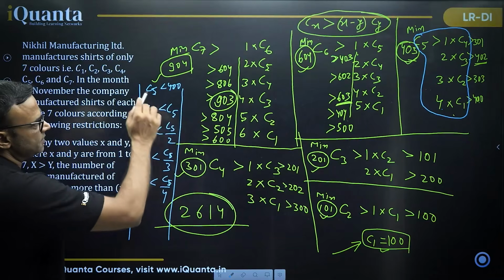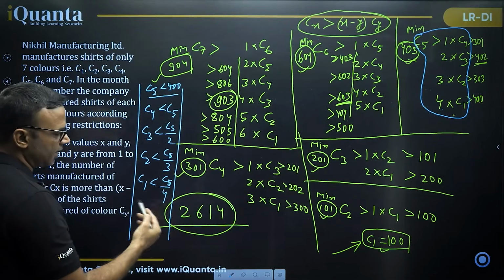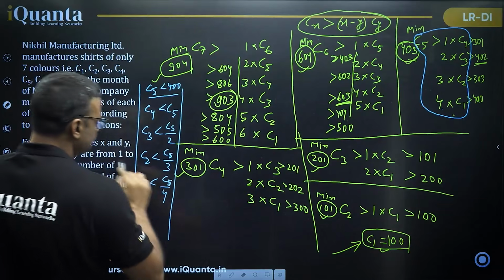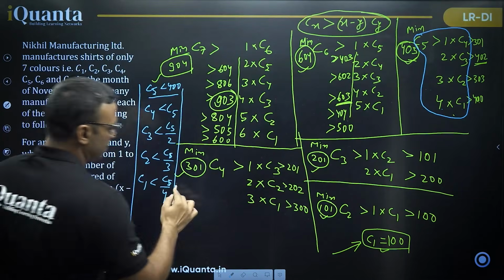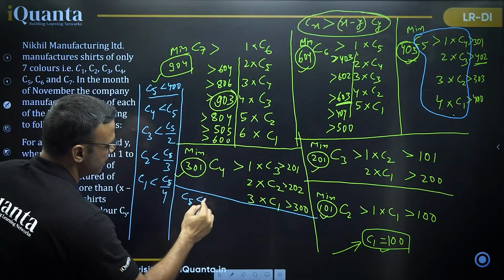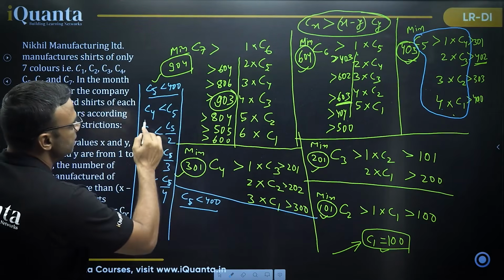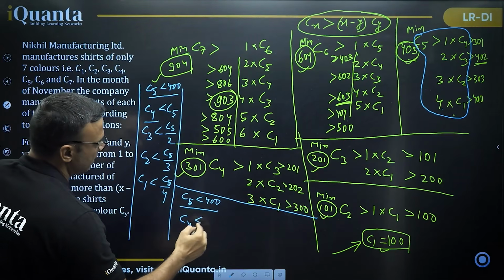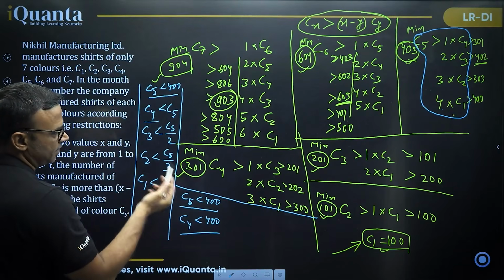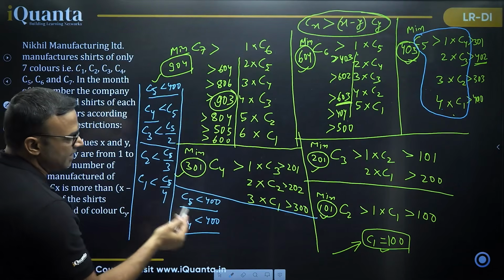So if C5 is less than 400, then what are the conditions that we get? I'll just create some space to do this. From here we get, if C5 is less than 400, that means C4 will be less than 400. In fact, less than C5, so definitely less than 400, less than 399 in fact.